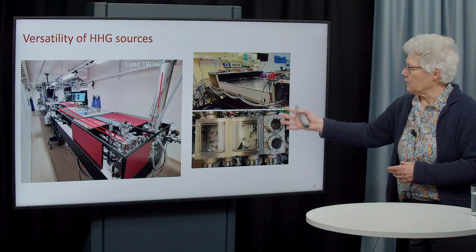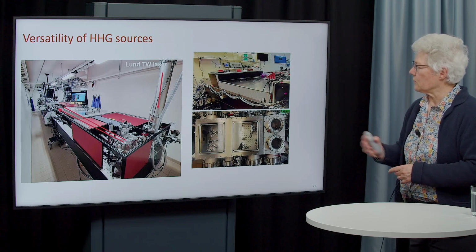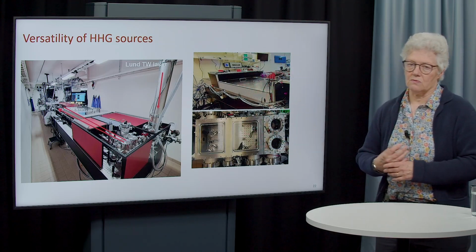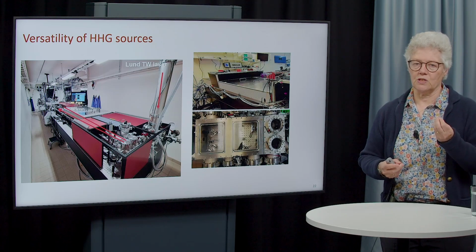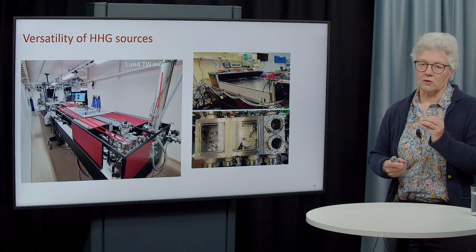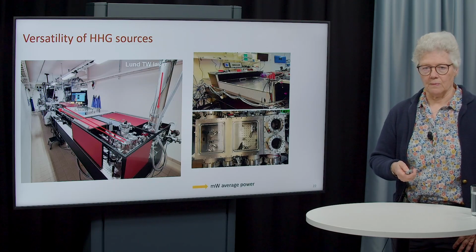And on the other hand, here we have a much more compact setup, where the laser is in this box here, and the setup is very compact, using tight focusing, but reaching similar intensities in the laser focus so that the efficiency is the same.